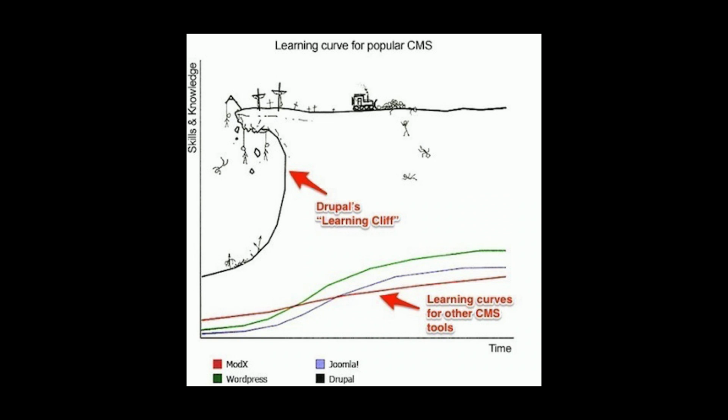All right, who's ever seen this image before? Several people, yeah, okay. So this is one of those classic Drupal images, and it's not really been updated, quite frankly, in modern times. You see here we've got ModX and Joomla, and this graphic was created probably back when those were really, really relevant in the day.